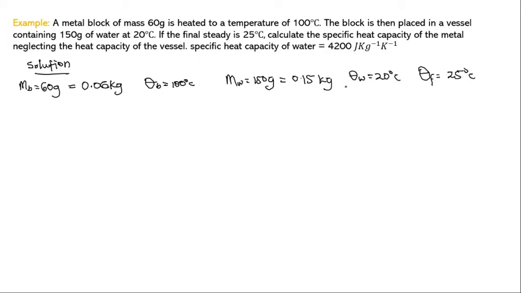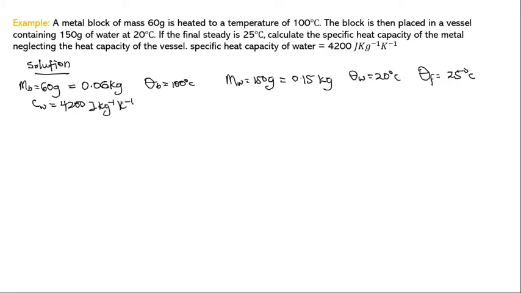So we have to calculate the specific heat capacity of the metal, neglecting the heat capacity of the vessel. So we have the specific heat capacity, small c of water, is 4,200 joules per kilogram per Kelvin.